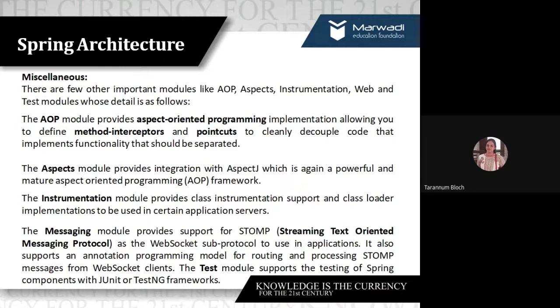Both are doing the programming, but how you write the code differs. In a similar way, in addition to your object oriented programming, we have aspect oriented programming, and for that we have a more mature framework known as AspectJ. So Spring supports that also.